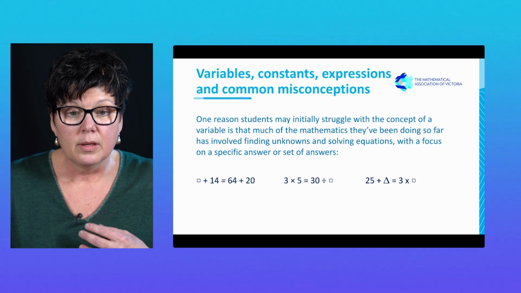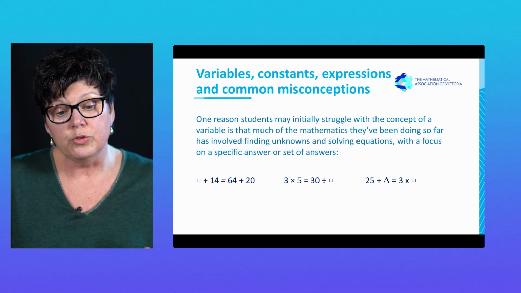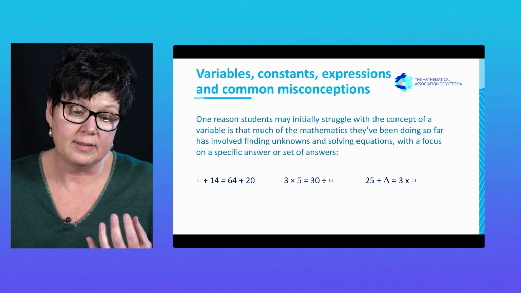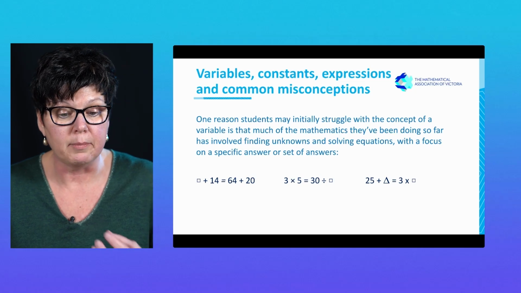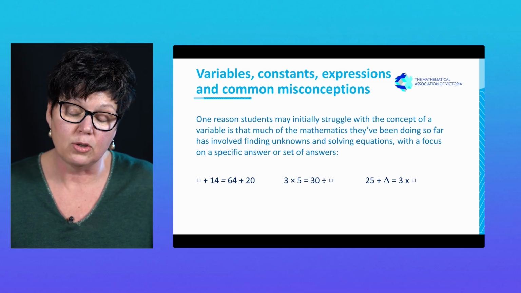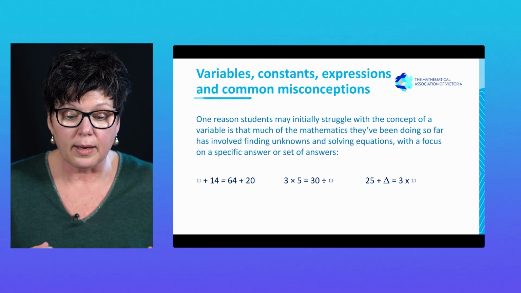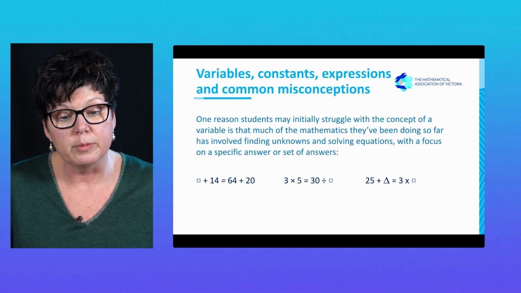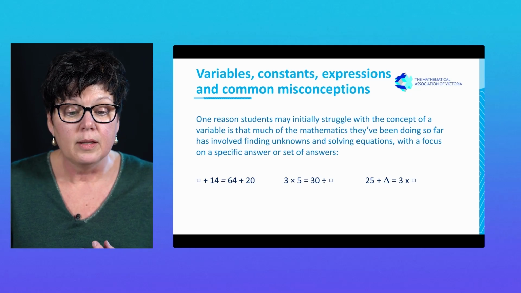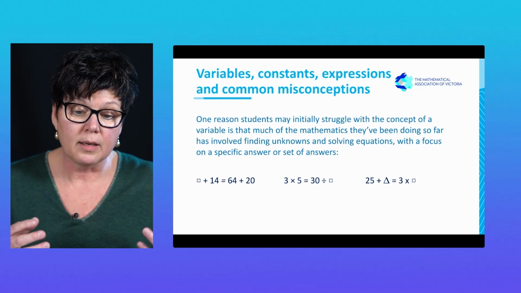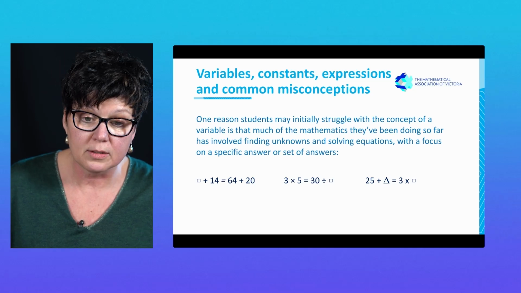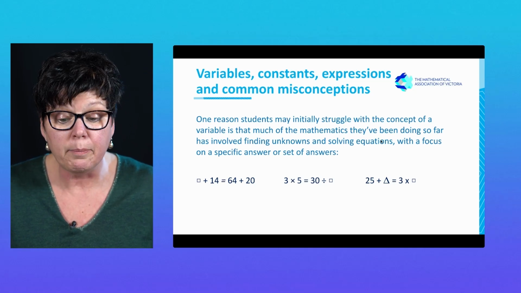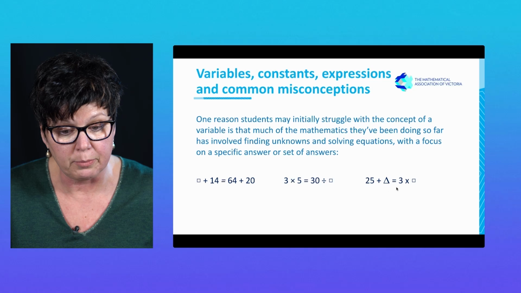So it's quite useful to know, why do students have this tendency to want to name a variable or think of it as an object? And some of this might come from the types of problems that they do in primary school. In primary school, students do spend a lot of time solving for one specific number, or maybe a pair of numbers as shown in this example.